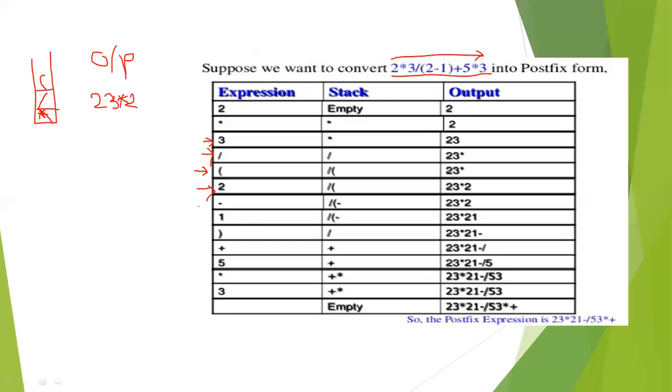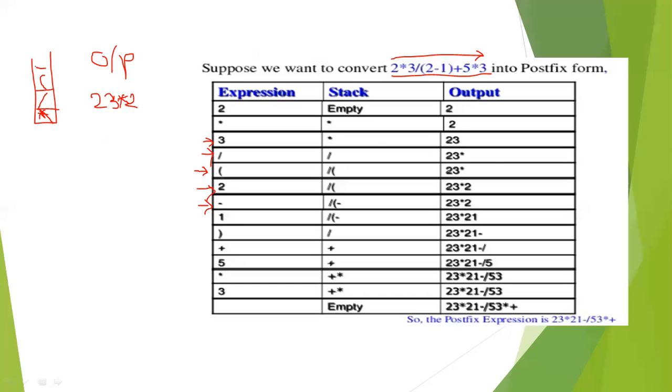Now the next character is the operator minus sign. This operator has the least priority, but I can push it onto the stack top because, even though it is a minus sign, it is within the bracket, and the bracket has the highest priority.